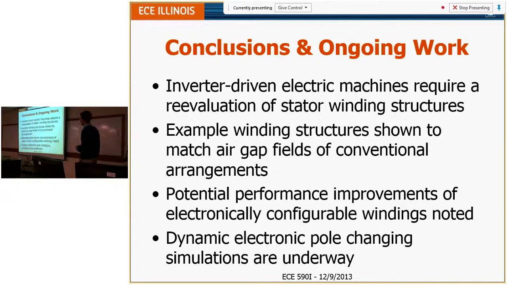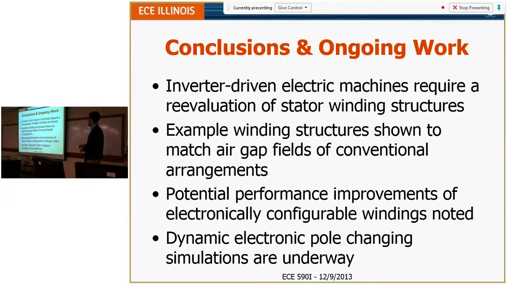So, conclusions. I basically stated that most aspects of the electric machine have been reevaluated for use with an inverter, but the stator windings really have not. I provided some simple winding structures and showed that you can have the exact same performance with these different windings, although there are some trade-offs.